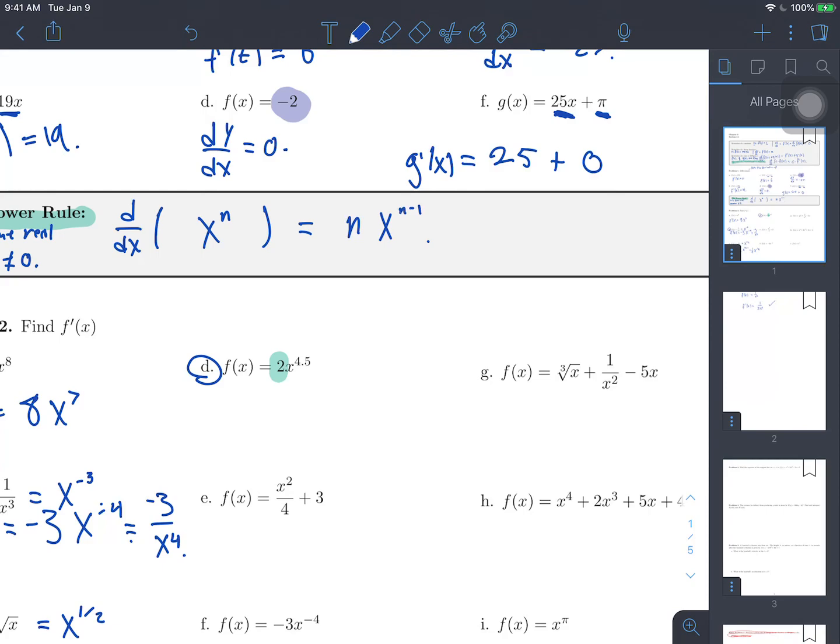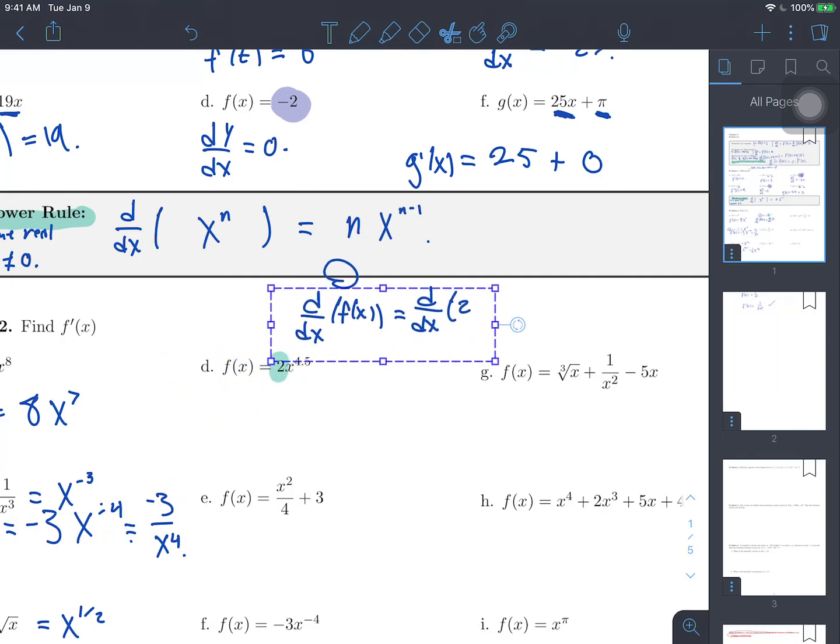we know that d dx of f of x will be equal to d dx of 2 times x to the 4.5. I guess I should have started this a little bit higher up. I'm going to run out of space.